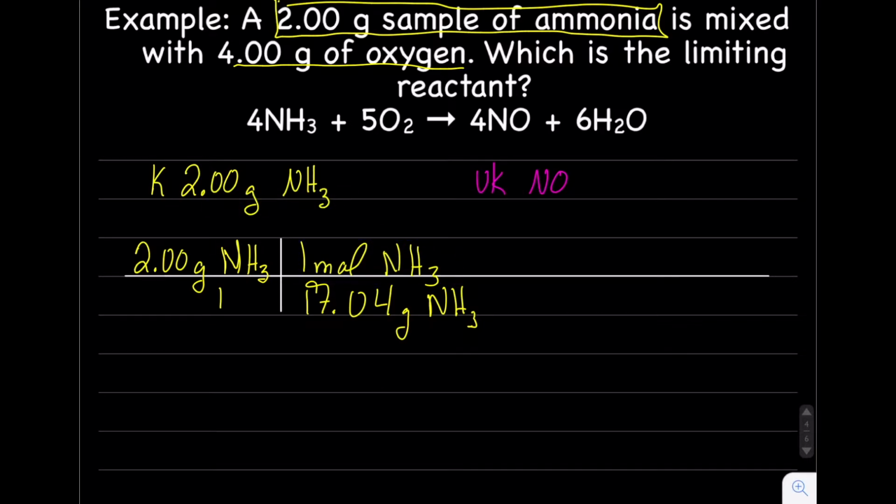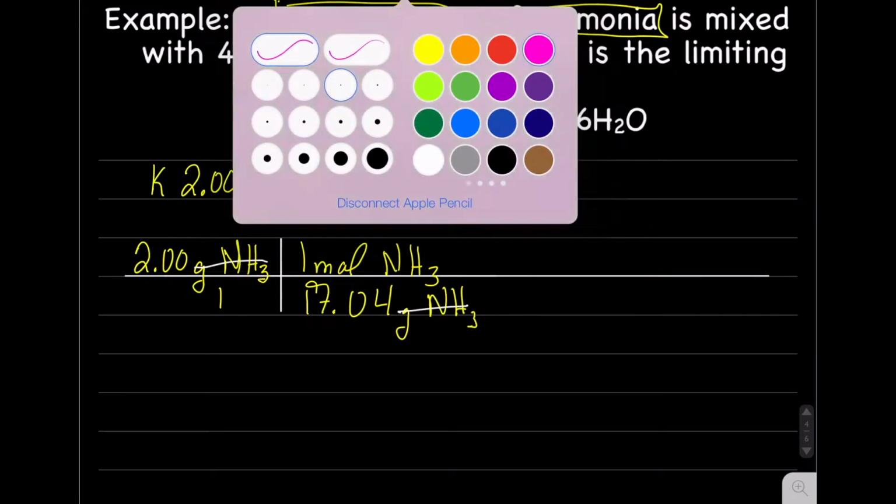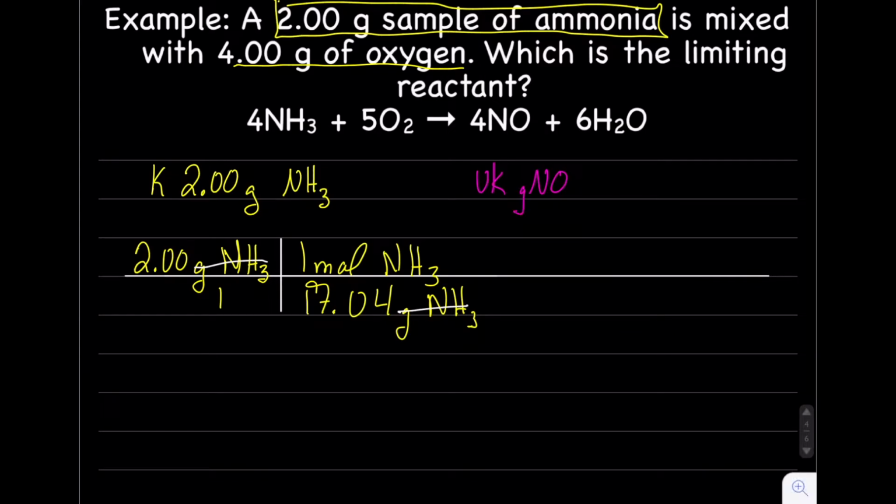Now we need to cross out our units and make sure they cross out. So grams NH3 indeed crosses out grams NH3, and we're left with mole NH3, which is not what we were looking for. We were looking for NO. And actually, I should have made that a little more clear. That was supposed to be grams NO.